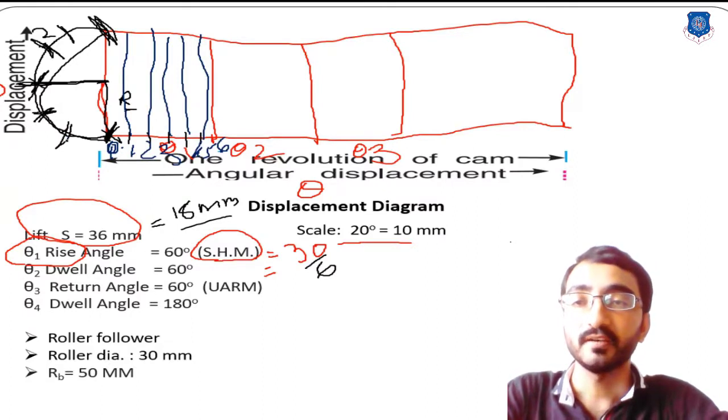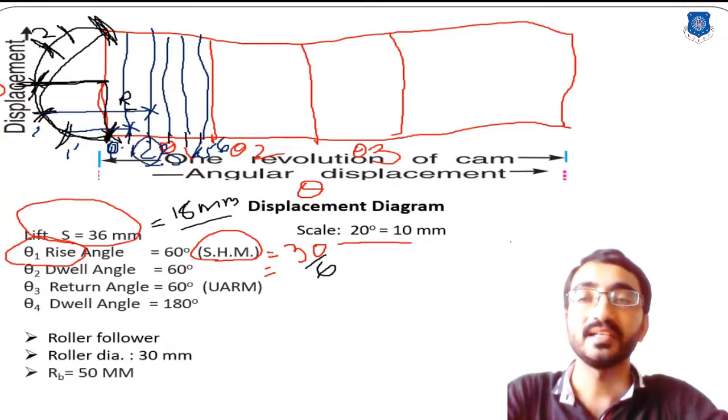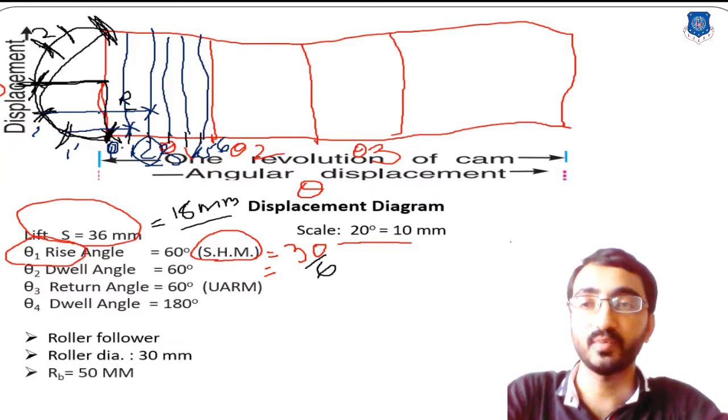Now similarly from over here you can give notation as 1 dash, 2 dash, 3 dash, 4 dash, 5 dash and 6 dash. Now from 1 dash draw horizontal line which is giving intersection over here. From 2 dash draw horizontal line which is making intersection on the line of second division, which is your next point.